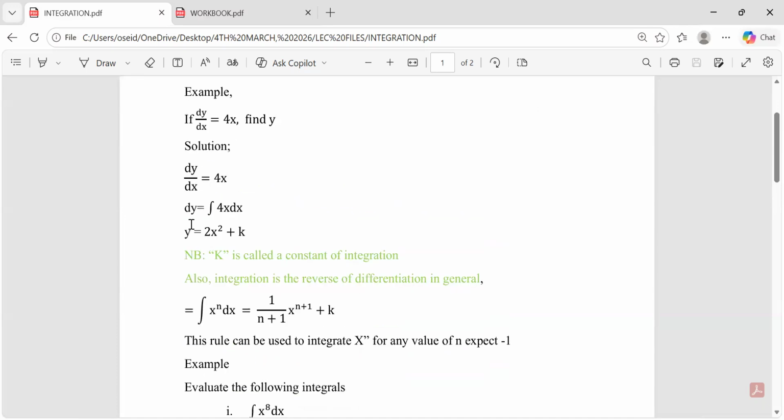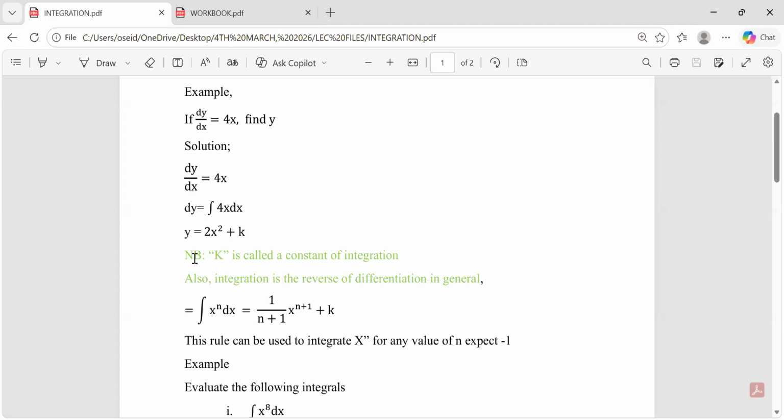So dy equals the integral of 4x dx, which means y is equal to 2x squared plus k.